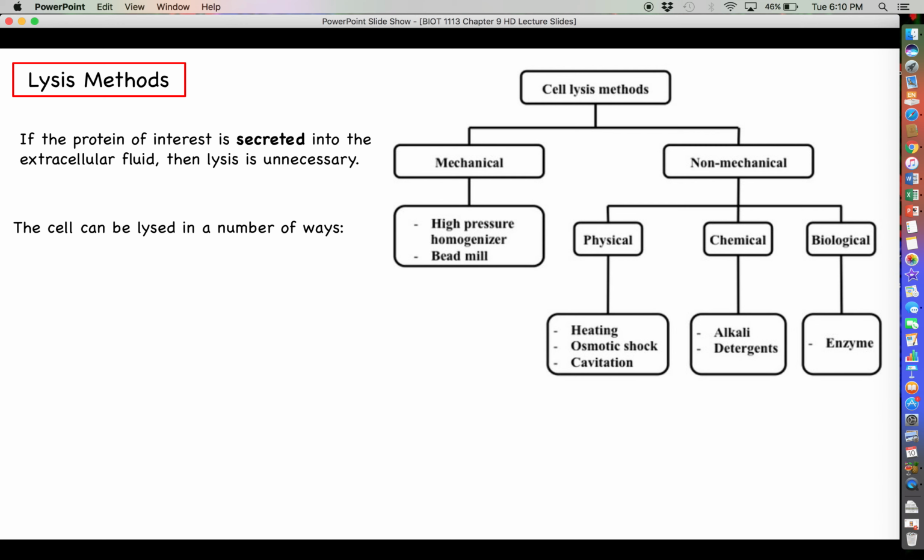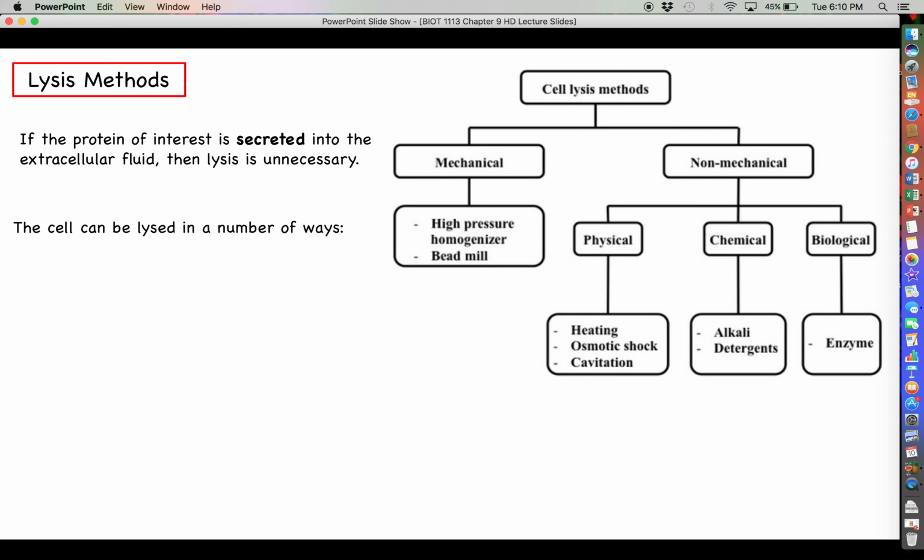But like I said, much more often than not, our protein is still going to be somewhere inside the cell. So we're going to have to lyse the cell. We need to disrupt the cell membrane so that the protein inside the cell, along with everything else that we do not want, like DNA and membranes and things like that, will leak out into the extracellular fluid, and then we can work from there.